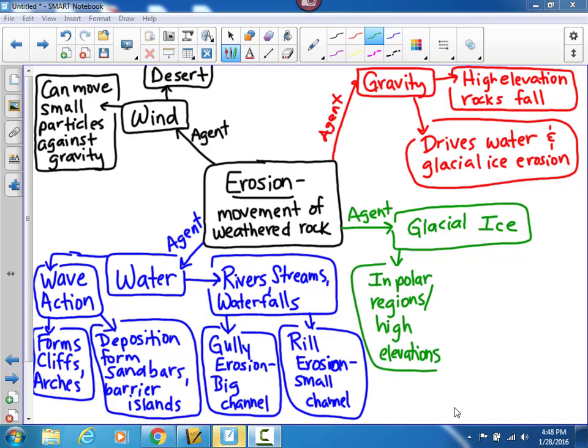Like in Montana's Glacier National Park, that'd be a high elevation. And just in case we don't know what glaciers are, they are enormous rivers of slowly flowing ice.